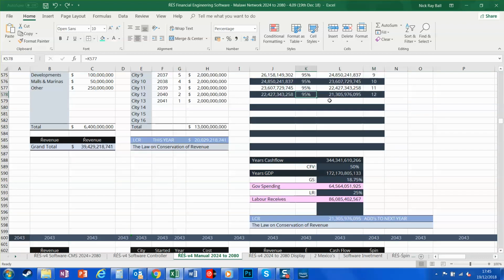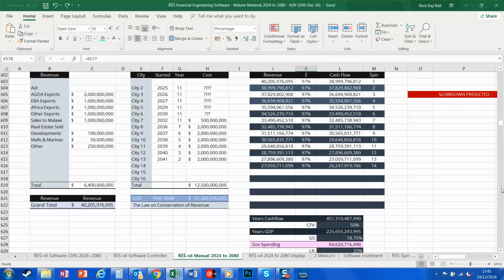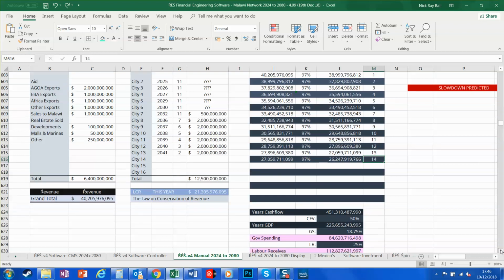In fact, we've got it down to 95 and 12. So as soon as the slowdown is predicted by the Angel Wing software, E goes up and spin goes up.